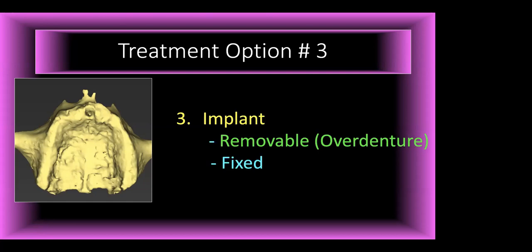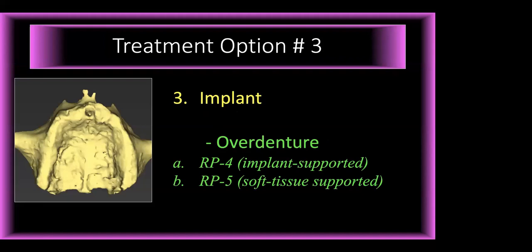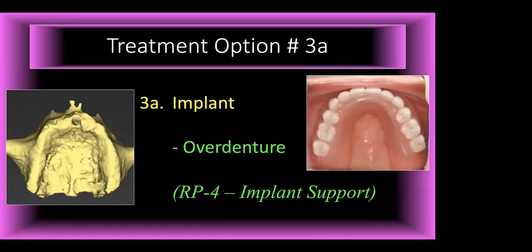You always want to give the removable and the fixed, and you can explain that. The overdenture, which what we call an RP4, is completely implant supported, or it could be an RP5, which is completely soft tissue supported. So here's the RP4. You can see if it's implant supported, we need more implants, but we can take the palate out.